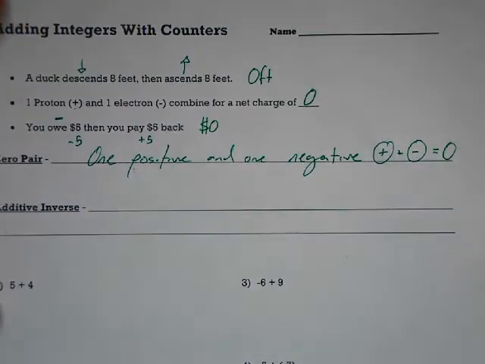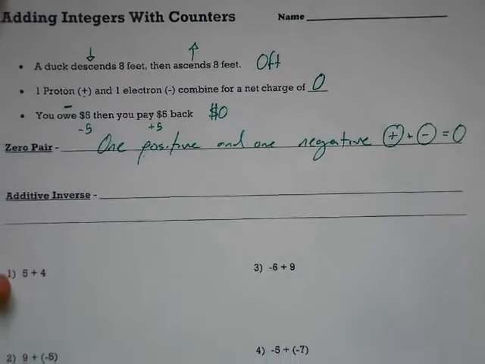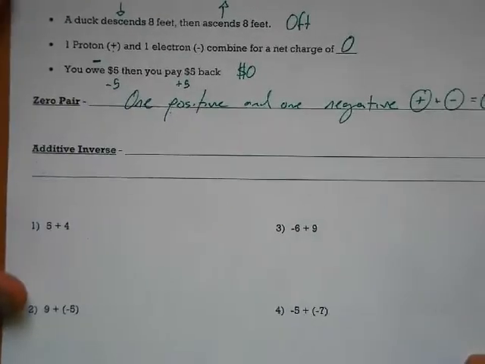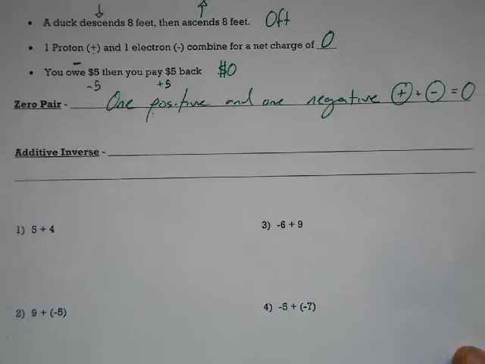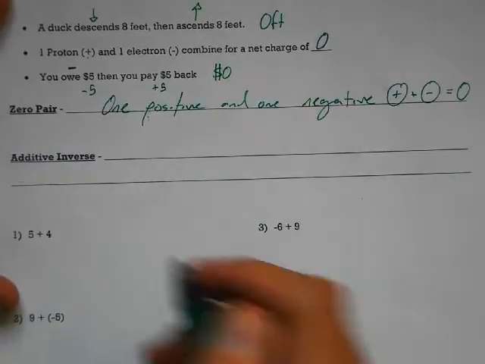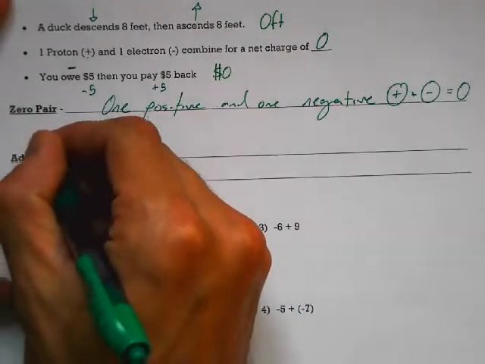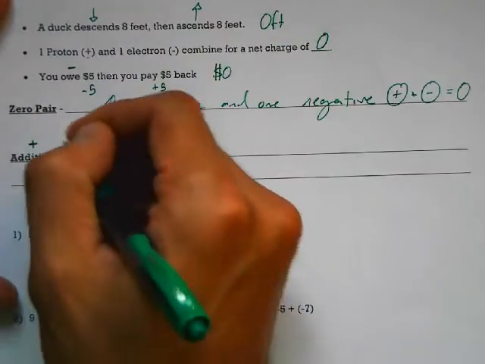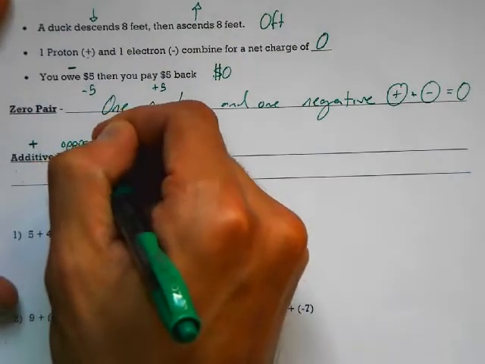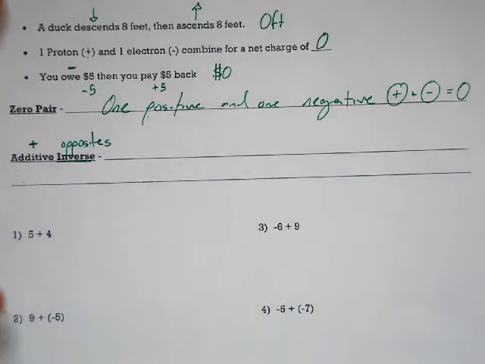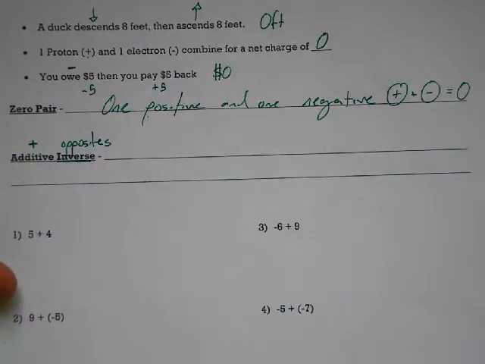We can go even further when we're in 7th grade or 8th grade. We can talk about additive inverses. If we break down this term, we're talking about the addition of inverses or opposites. Additive inverses are two numbers that when we add them together, they combine to make 0.